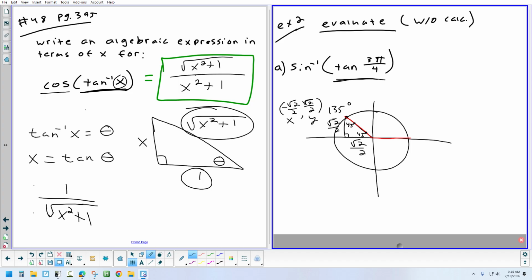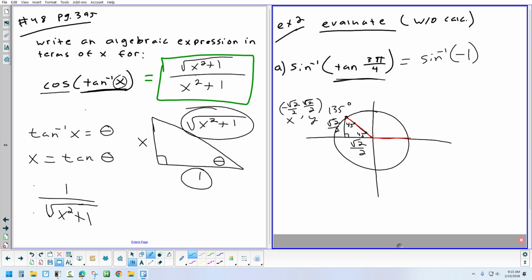Yep. -1, because the Y and the X value are opposites. So now we figured out the inside function. Tangent of 3 pi over 4 is -1. Okay, so we just made the problem a little bit simpler.